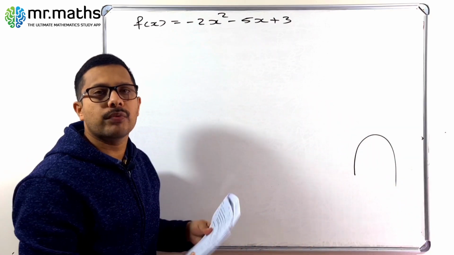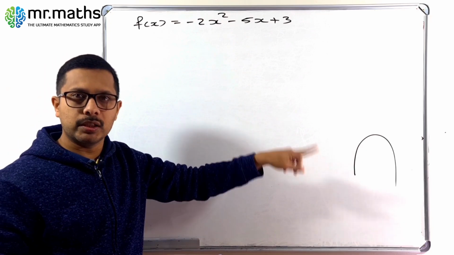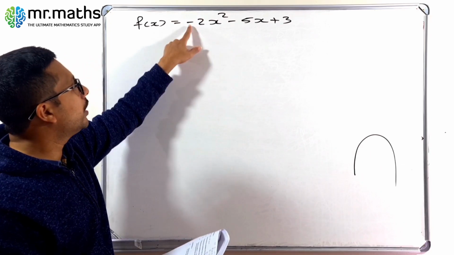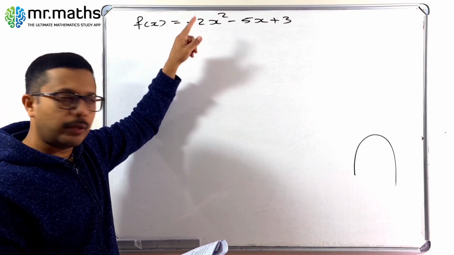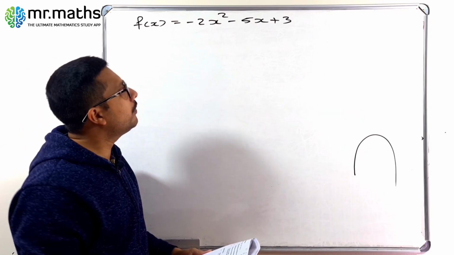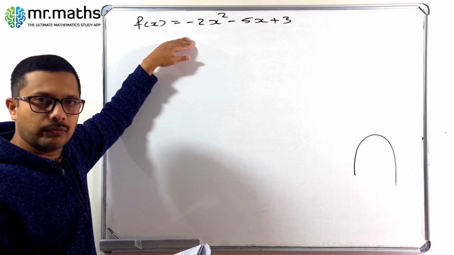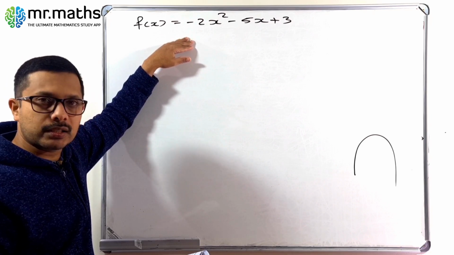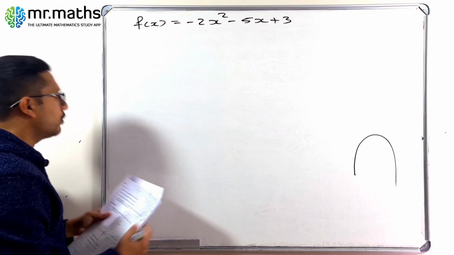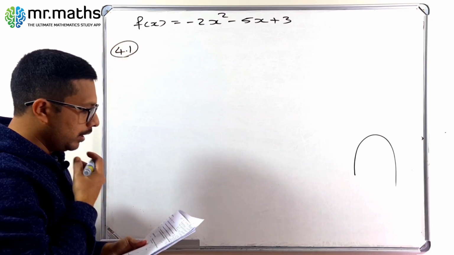In grade 10 you studied that when the coefficient of x square is positive, the shape is a U shape. You remember that one? So the given function f of x is a quadratic function and the shape is like this. What is the first question? Question number 4.1.